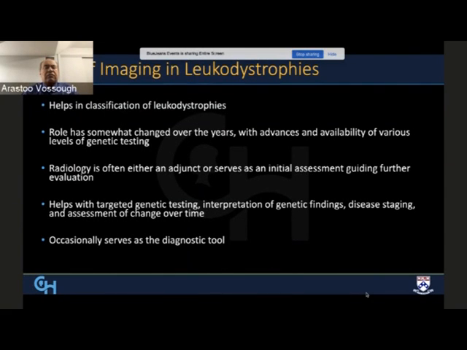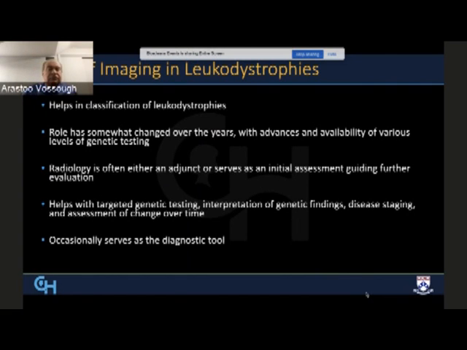So as Dr. Vanderwerf alluded to, the role of imaging in diagnosis became central and helped in the classification, and still helps in the classification of leukodystrophies, but the role may have changed a little bit over the years with the advances and availability of various levels of genetic testing.